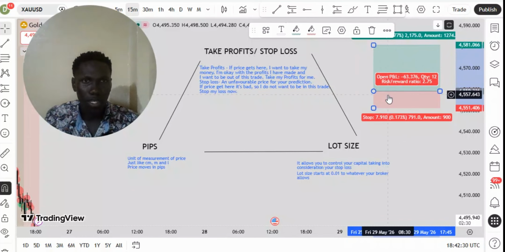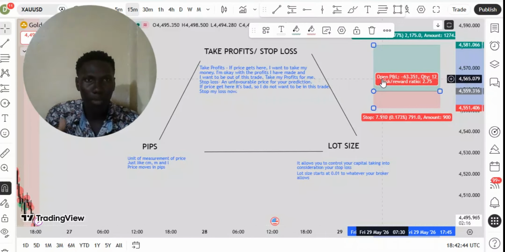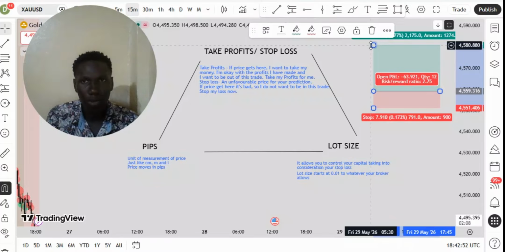This red side is the loss. So when price moves above 4,559, it's profit. You'll be making profit. So this is the top, which is 5,580, will be our take profit.